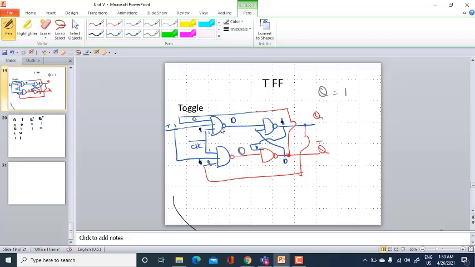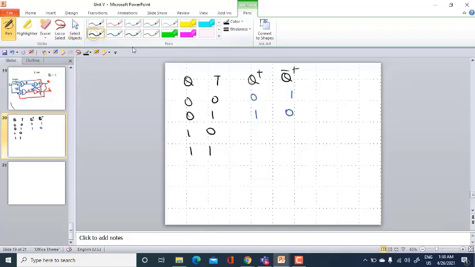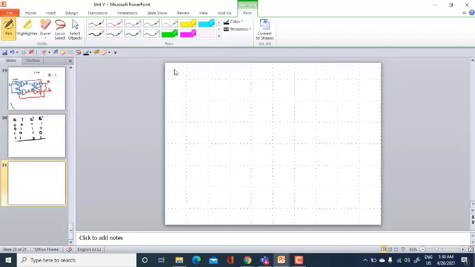If this is 0, this is 1. Now this is 0 and 1. I am taking T as 1 and Q as 1. So this is 0, 1, 1 again. And the next one, for the 1, 0 combination, you will be getting 1, 0 only. You can check.